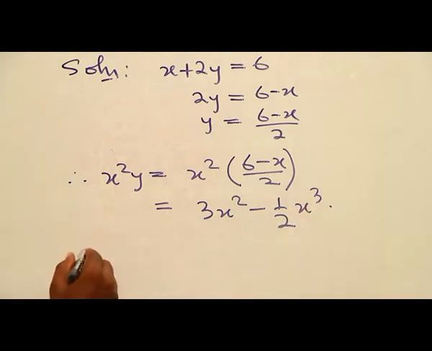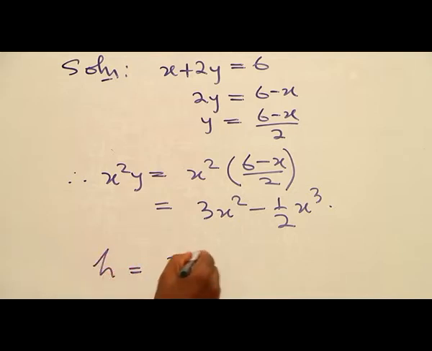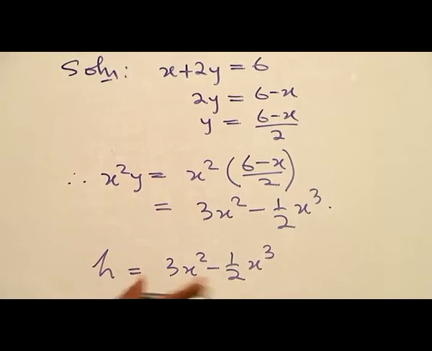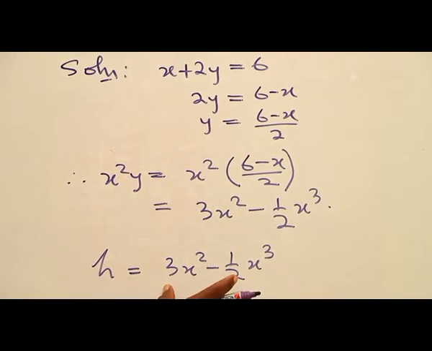Now, let's take h to be equal to 3x squared minus half x cubed. We don't want to say y again, because we're looking for the greatest value. Let's say the greatest value is h.